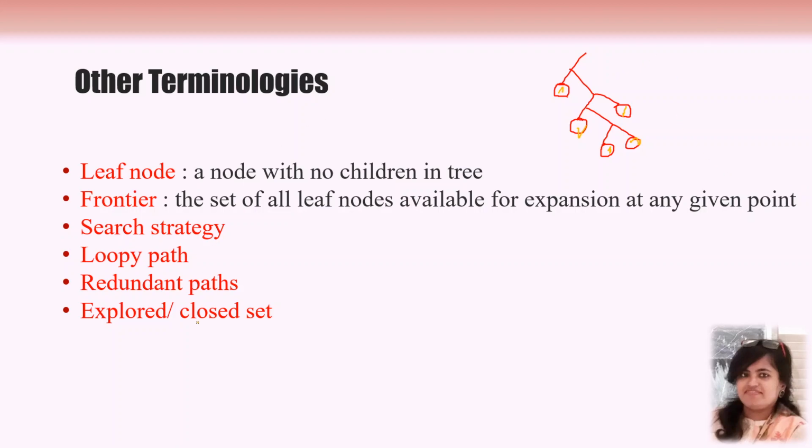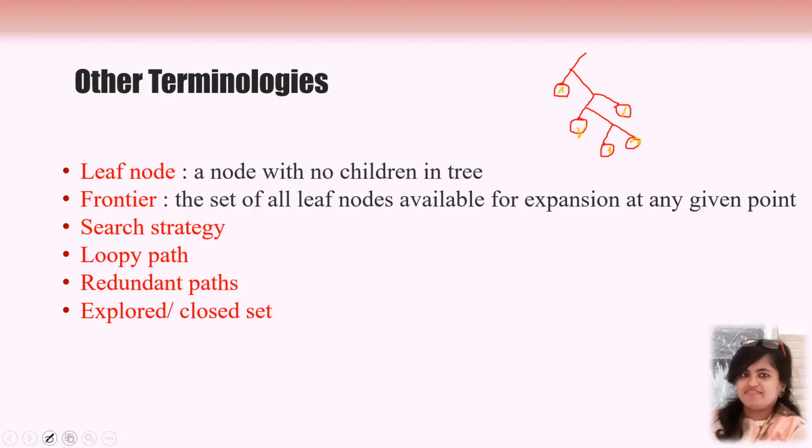Now another terminology is the frontier. The frontier is the set of all leaf nodes available for expansion at any given point. So the leaf nodes that you currently have, that you are going to expand later on, give you the frontier. Now the search strategy.